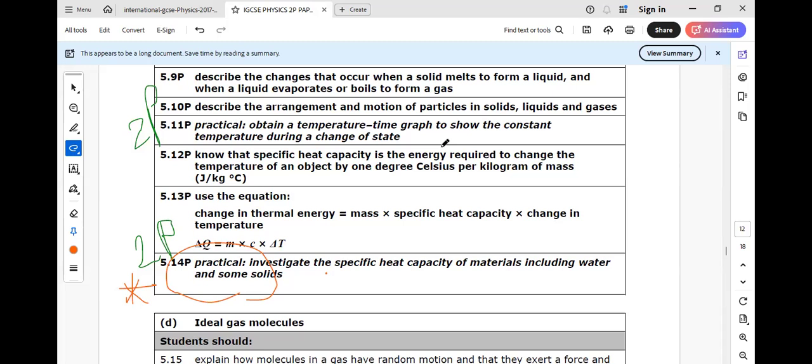We were focusing on the 1P paper a lot, and then we had papers from other subjects, so our focus was mainly on those. Now we are trying to focus hard on the 2P paper. I think you need to focus more on those two practicals, specific heat capacity and the sound practical with the oscilloscope. The sound practical can be given without an oscilloscope as well. Then it will be easy to write.